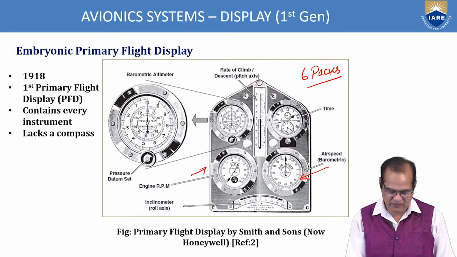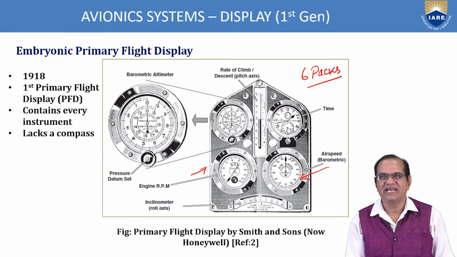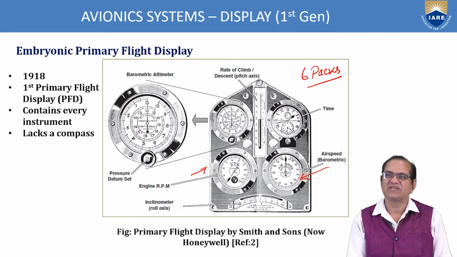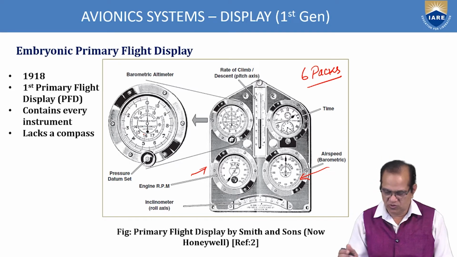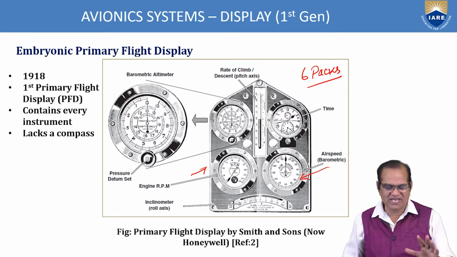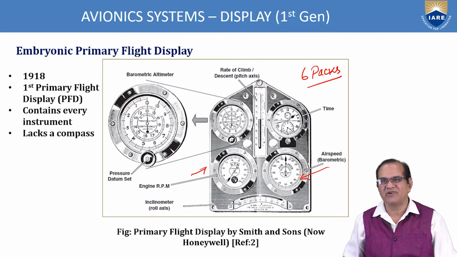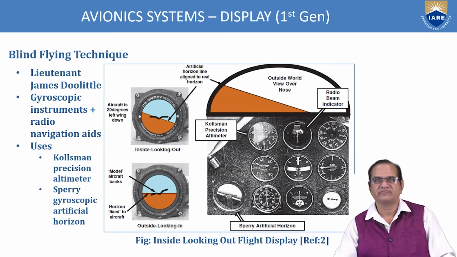Here we have the pressure datum set as per your airport, where you want to measure your height. You have to adjust it here. Accordingly, it will be adjusted, and it will show the height of the aircraft as per the requirement. So this is a very basic first generation or initial setup of the displays.